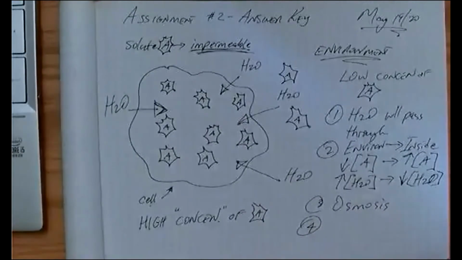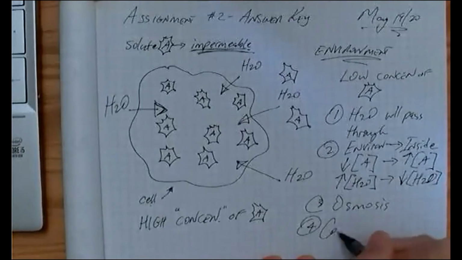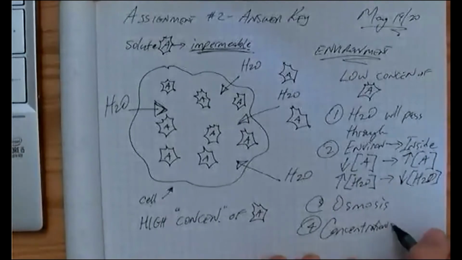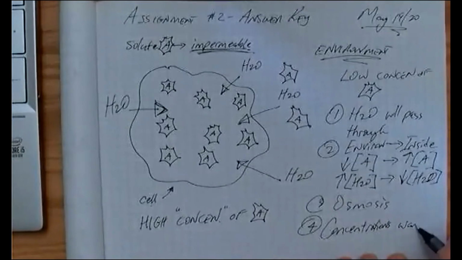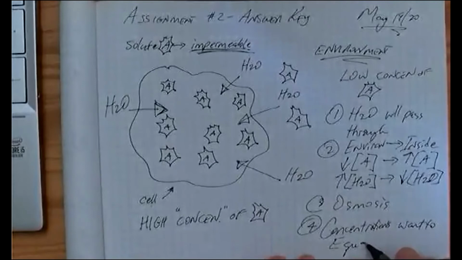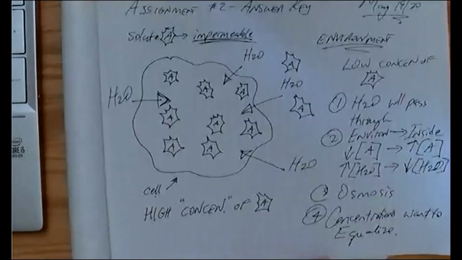And why does that happen? It happens because the concentrations are different. Concentrations want to equalize, or equilibrium wants to take place. So those are the four things you needed for an answer.